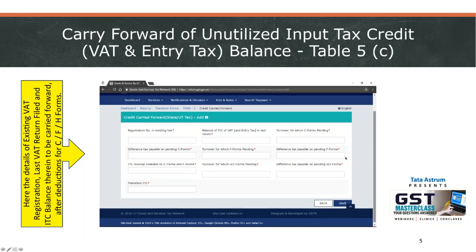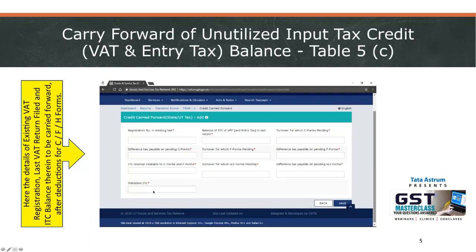Similarly, this is for F form, this is for I form, and ITC reversible related to F and I form. As soon as you fill in these details, the transition ITC balance would be adjusted. So suppose you are carrying forward the ITC as per VAT return of 1000 rupees and there is a turnover of C form which is pending and F form which is pending. So the differential tax liability would be adjusted and only the net transition ITC would be carried forward.